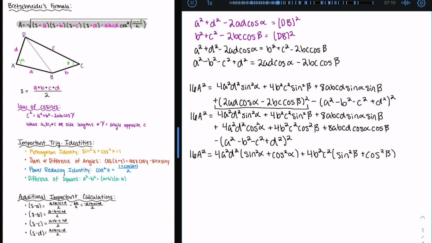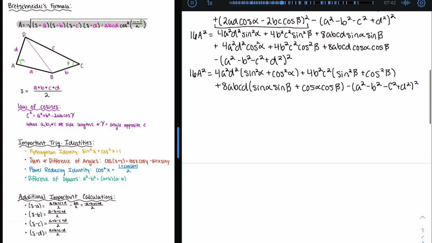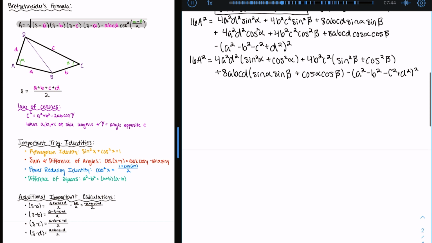And then I can also combine the 8abcd sine alpha sine beta with the cosine alpha cosine beta. And then still am bringing the a squared minus b squared minus c squared plus d squared all squared down.